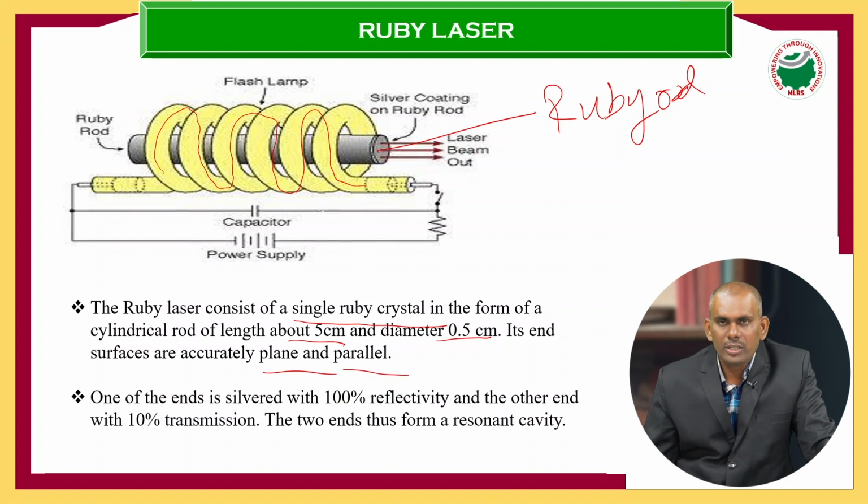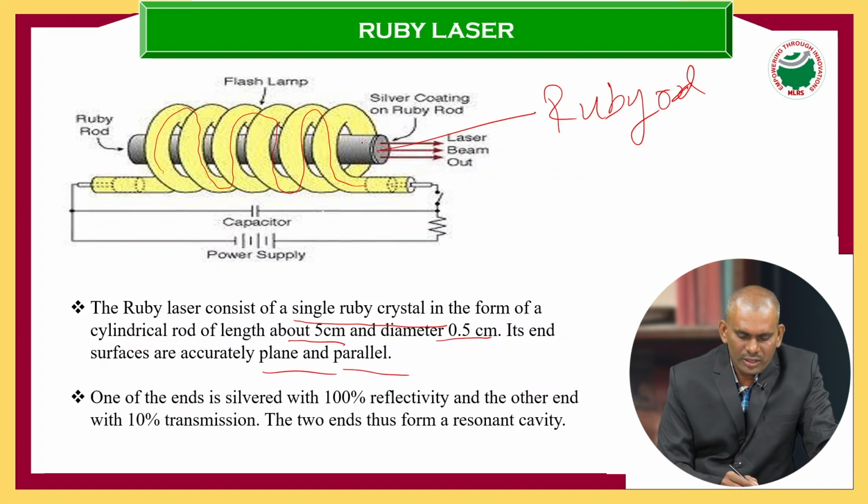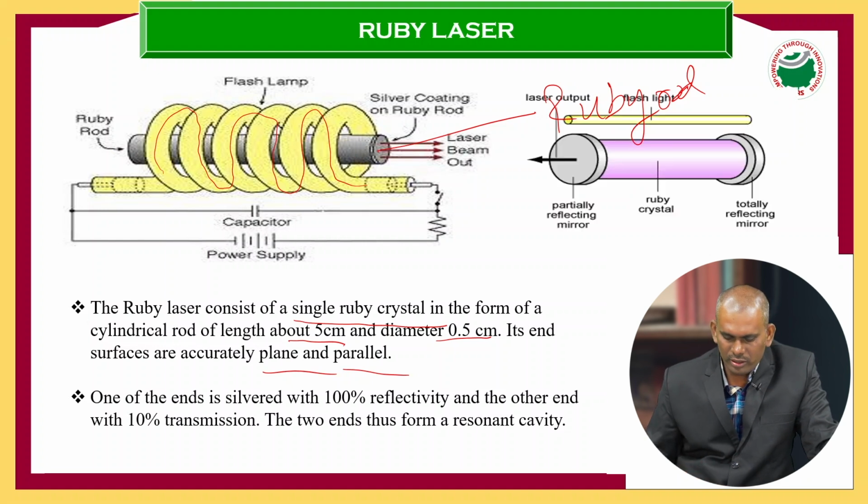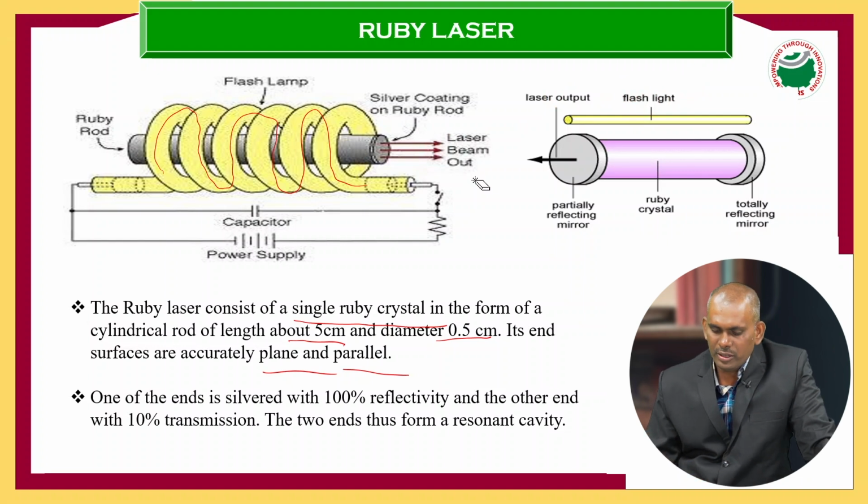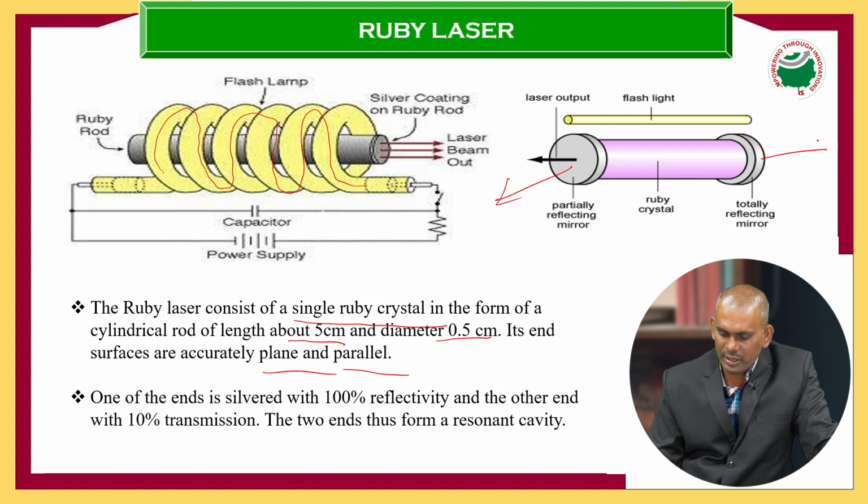Next, if you observe the both ends of the ruby rod in this figure, where the ruby rod is shown separately, we have two ends. This is one end and this is another end. This is a totally reflective mirror. Totally reflective in the sense 100% coated with silver.